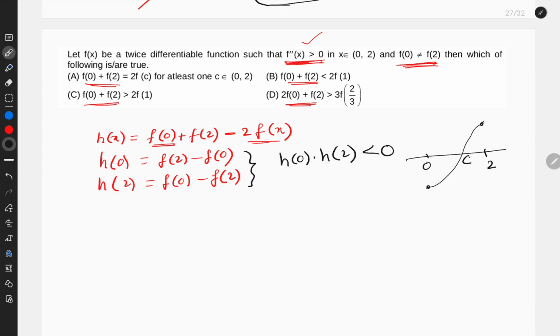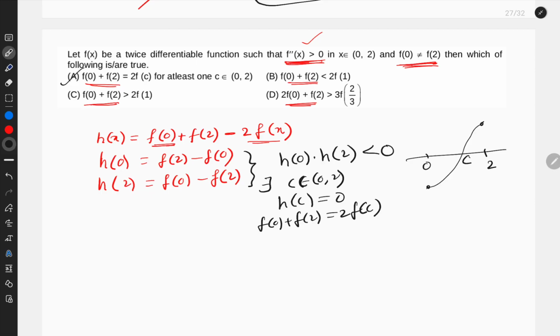So there exists a root between 0 and 2. There exists c belonging to the open interval 0 to 2 such that h of c becomes 0. That means f of 0 plus f of 2 equals 2 f of c. So this is the first option.